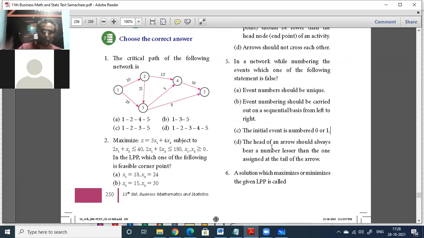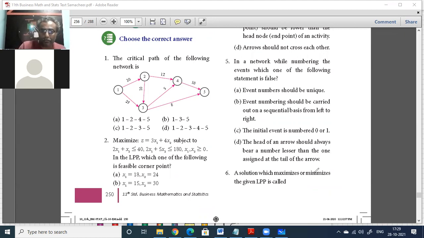The head of the arrow should always bear a number lesser than the one assigned at the tail. No, it should be opposite. It should be greater. So D is the answer.